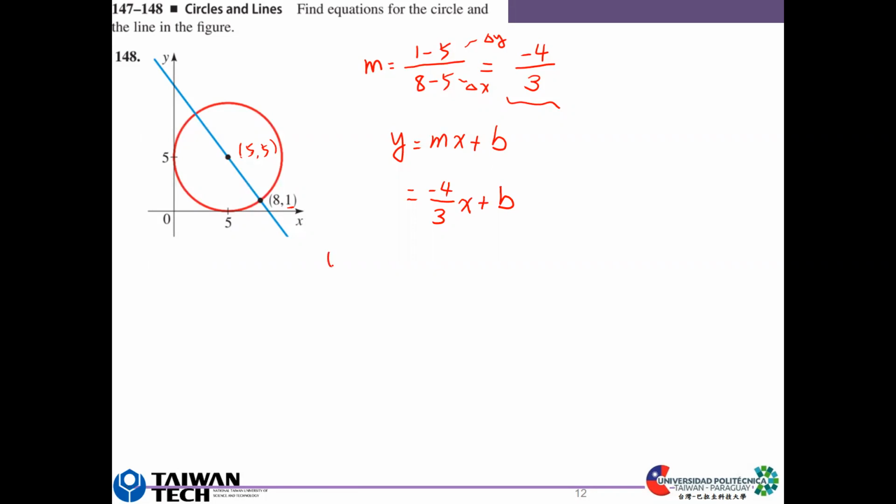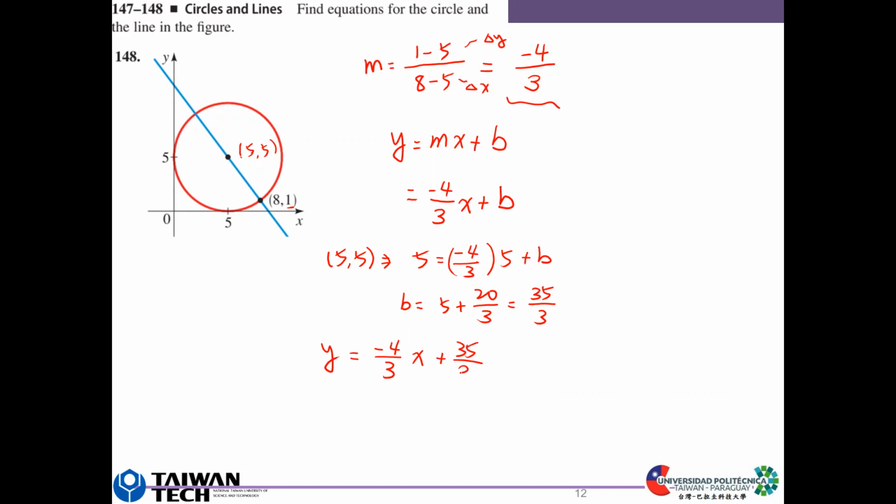So 5 equals minus 4 over 3 times 5 plus b, and b equals 5 plus 20 over 3, which is 35 over 3. So the line equation is y equals minus 4 over 3 x plus 35 over 3.